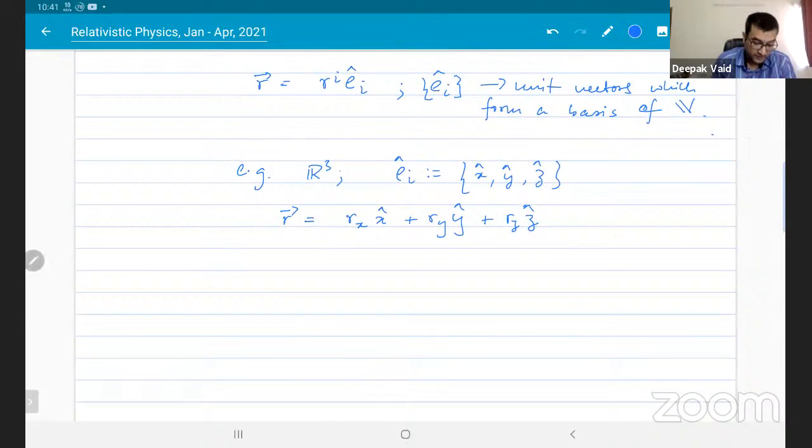Well, not always, but generally we want basis vectors to be normalized. We want them to have unit norm, and we want them to be orthogonal. That means if you take the dot product of any two basis vectors, this should give you 0. Right? So the first one is normalization.